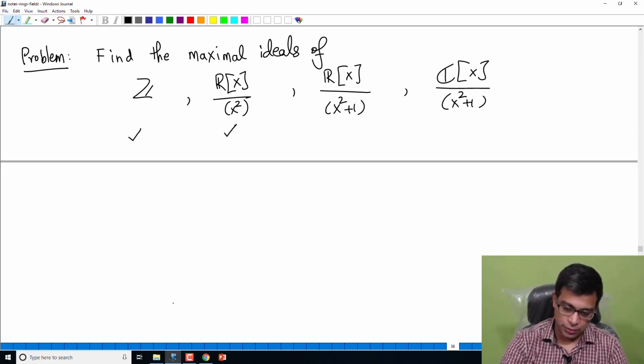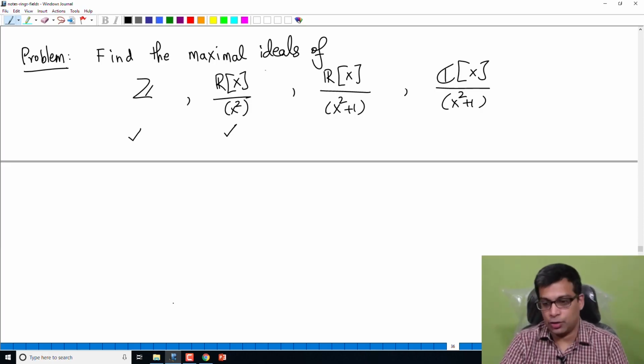We used that to find the maximal ideals of R[x] mod x squared. These are maximal ideals in R[x] that contain x squared, and by a simple calculation, we saw that there is only one such, namely the ideal generated by x itself.